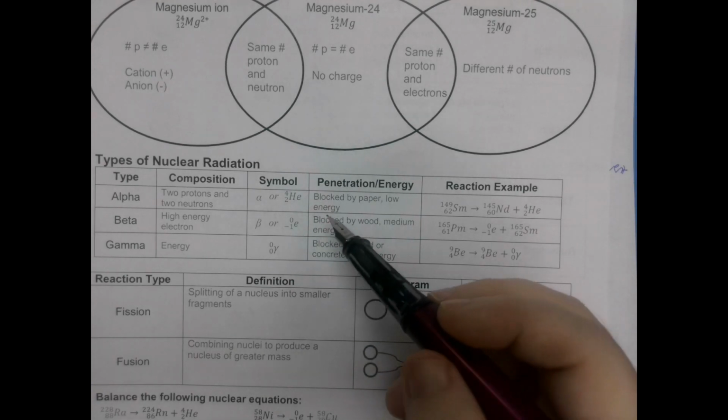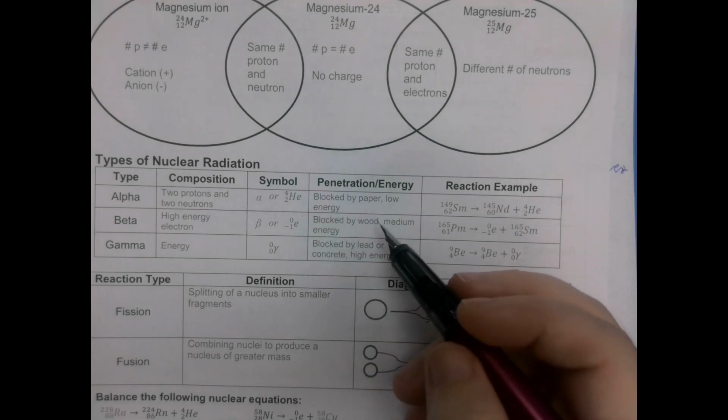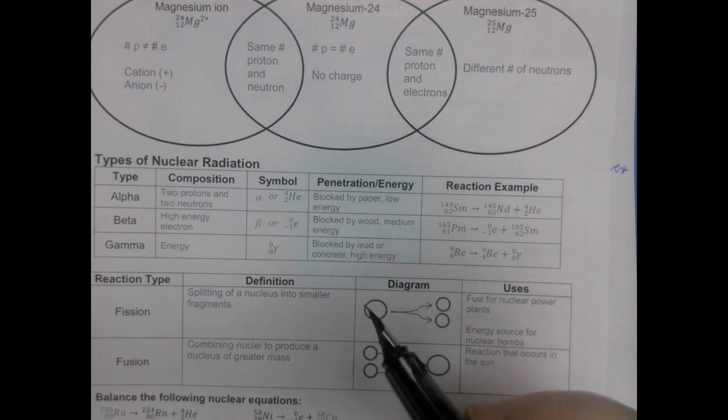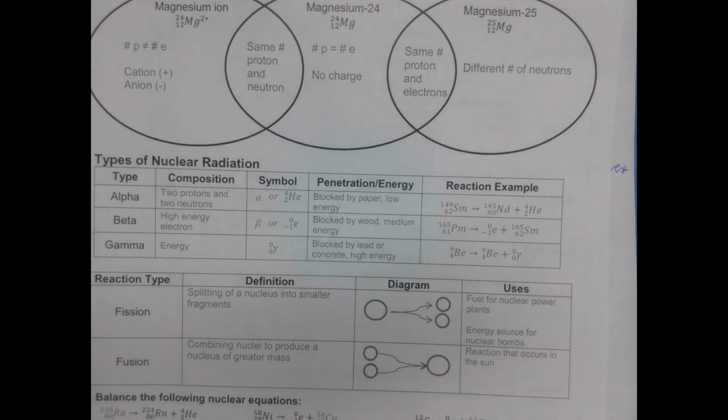Beta particles can be blocked by wood and have medium energy. These particles, the electrons, are known as free radicals. These electrons can attach themselves to atoms in your body and disrupt some configurations.